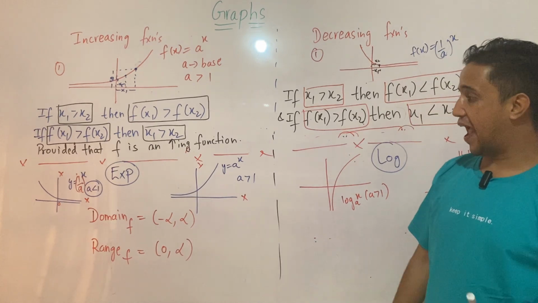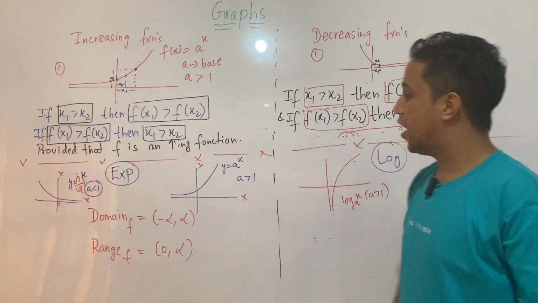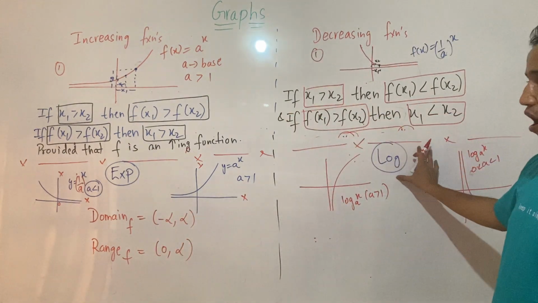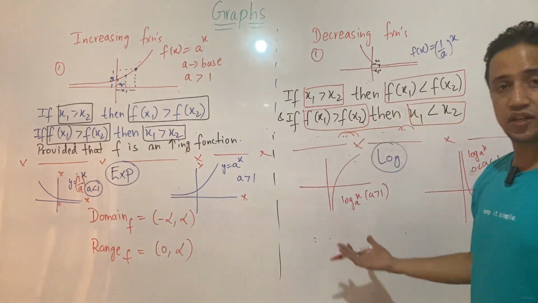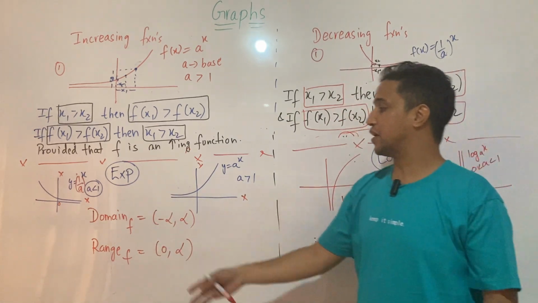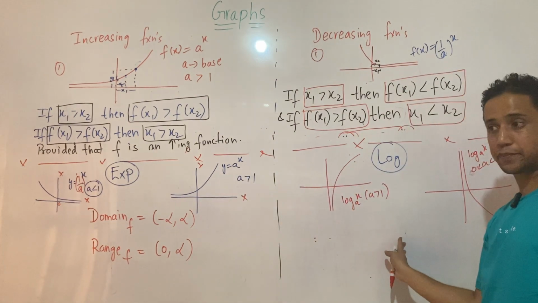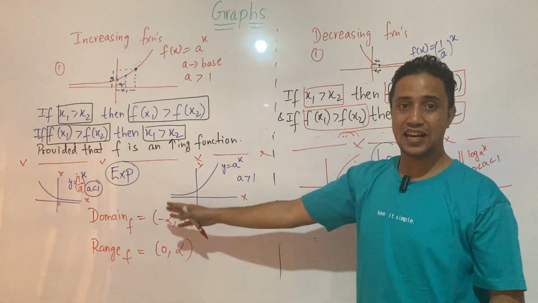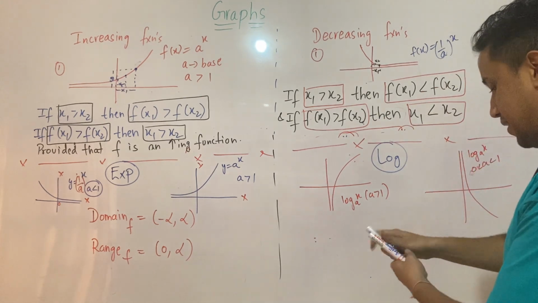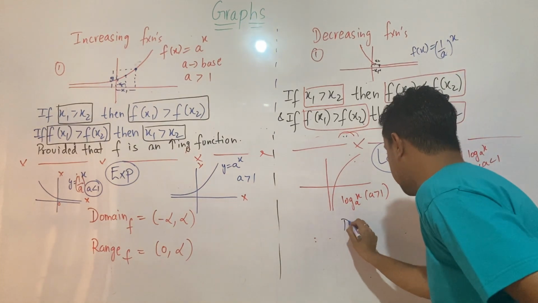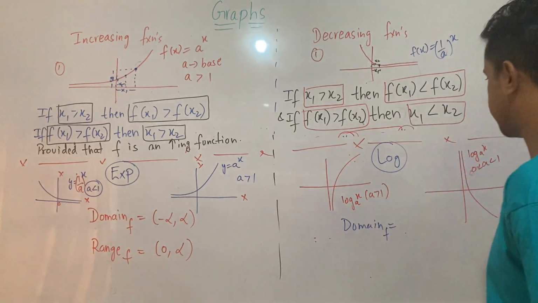Now come to the logarithmic functions. By definition, the logarithmic functions are the inverse of the exponential functions. What does that mean? It means that the domain of exponential is going to be the range of logarithmic, and the range of exponential is going to be the domain of logarithmic. Let's see the domain of these logarithmic functions.